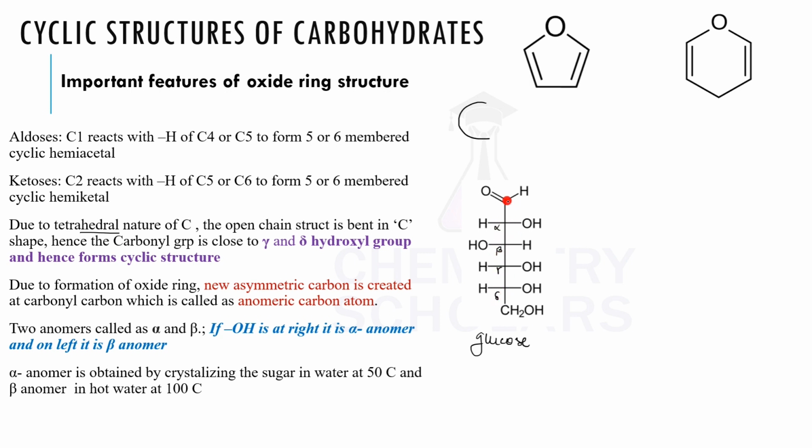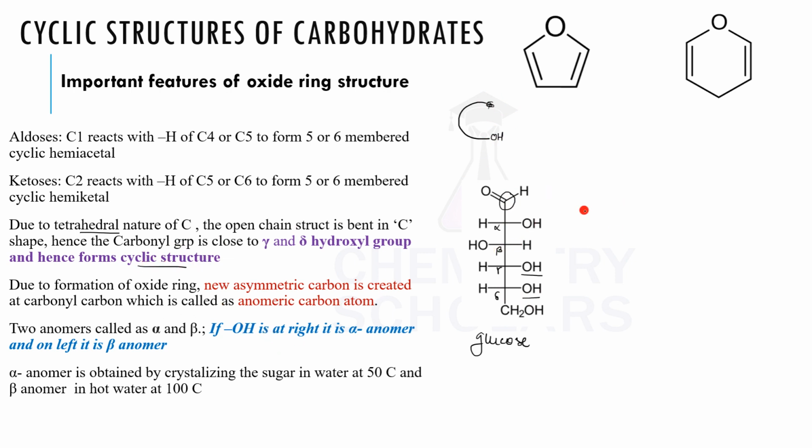This is your functional group. The carbon atom attached to the functional group is the alpha carbon atom. So this first carbon atom, your functional group, is closer to the gamma carbon atom or the delta carbon atom. Because of the C-shaped structure, the aldehydic group and the OH group are close to each other, the reaction takes place, and hence you get a cyclic structure.